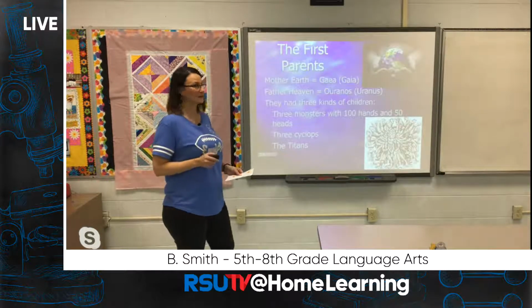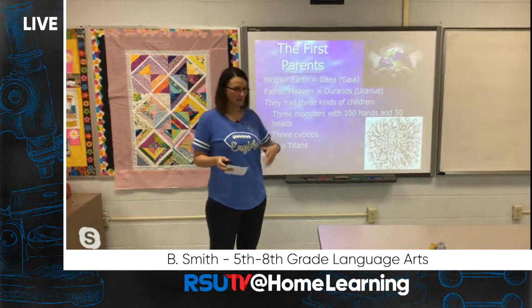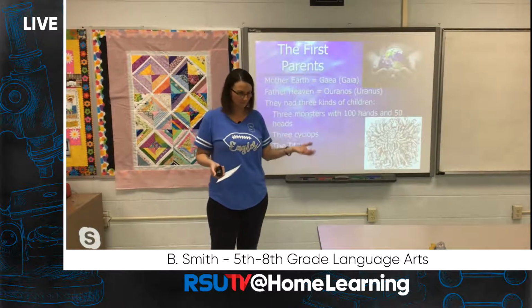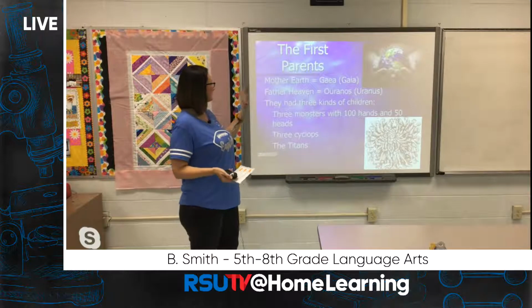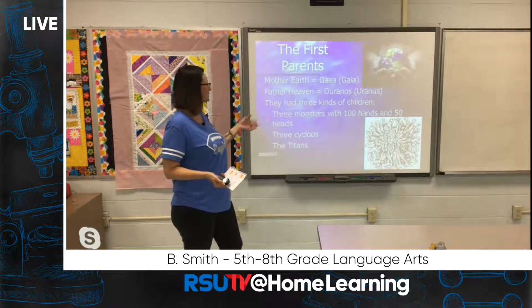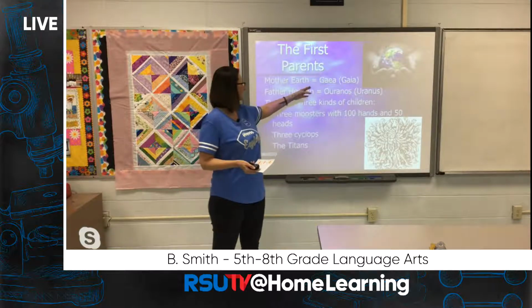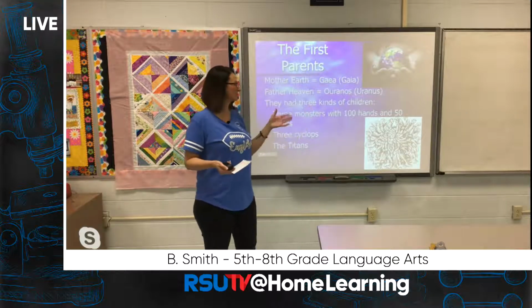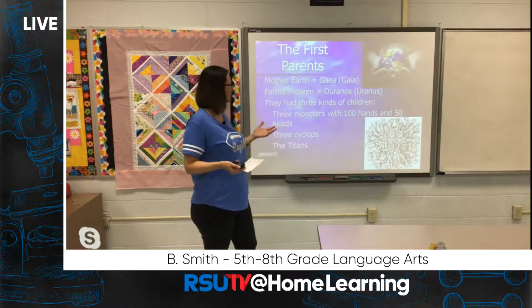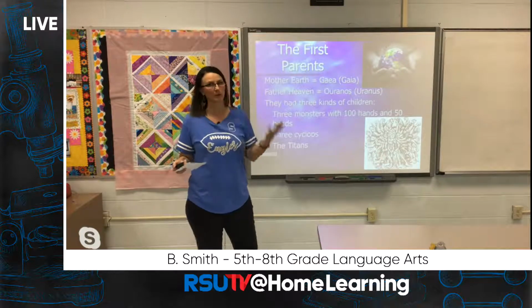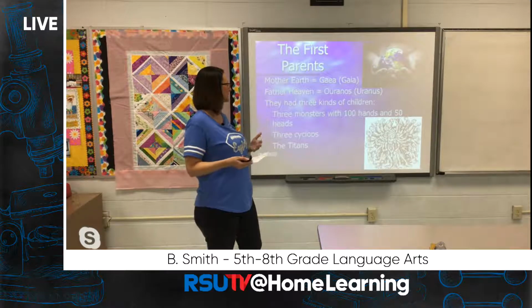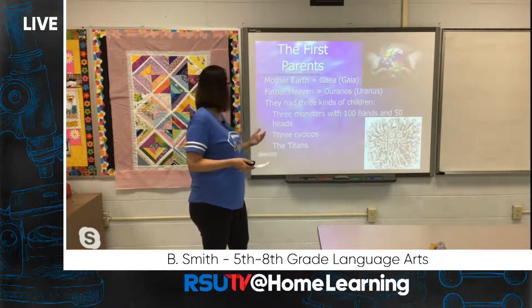So the first parents in Greek mythology were Mother Earth, which is Gaia. There are two different spellings for Gaia. Gaea would be one of them, but Gaia is what most people use because it sounds phonetically correct.